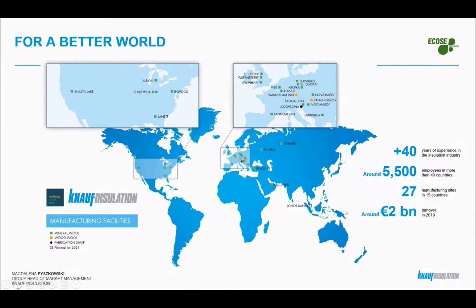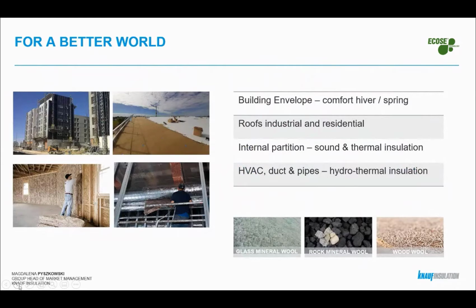Just about the group: Knauf Insulation is part of the Knauf group, and we are really working on developing and selling insulation products. So we are a worldwide company, and we are focusing on different aspects of the building. That's why there is also interest in working on BIM.